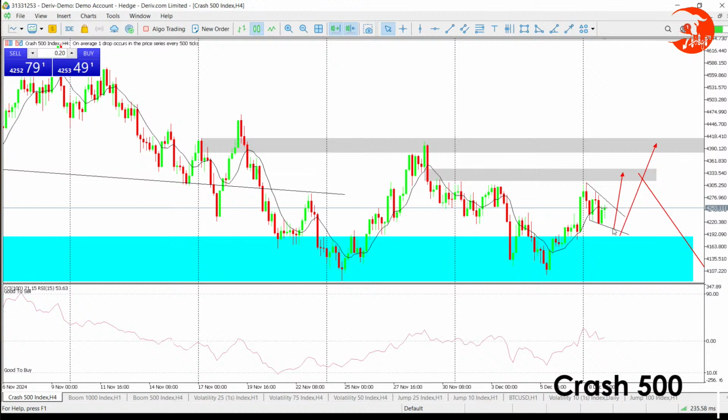Whenever price gets to the downward trend line, you can always make your buy entries, because clearly we know that on H4 we are buying. On H4 we will be buying.